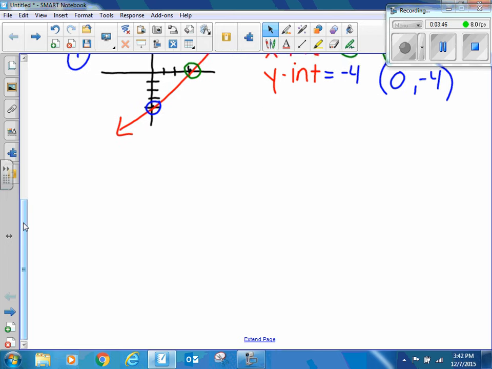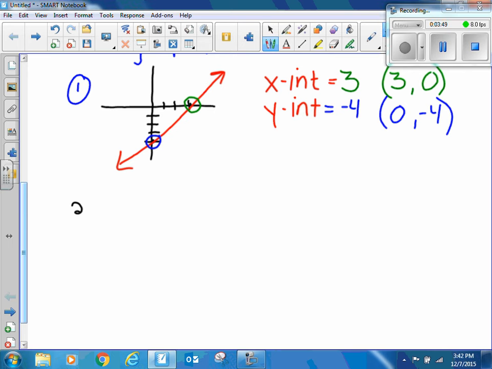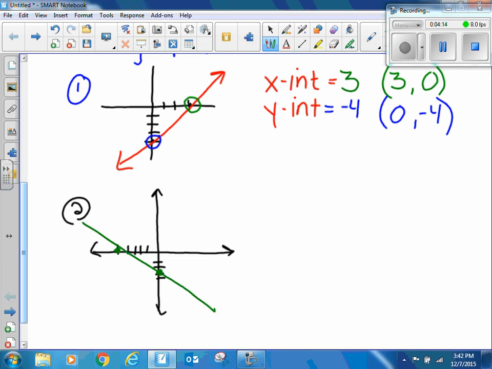Real quickly, we'll look at one other example. I know my points are not to scale, but each hash is going to be 1 point, or hash mark. So now if I have the line, I'm actually at this x point. That's where I should be crossing, although that line is a little rough.